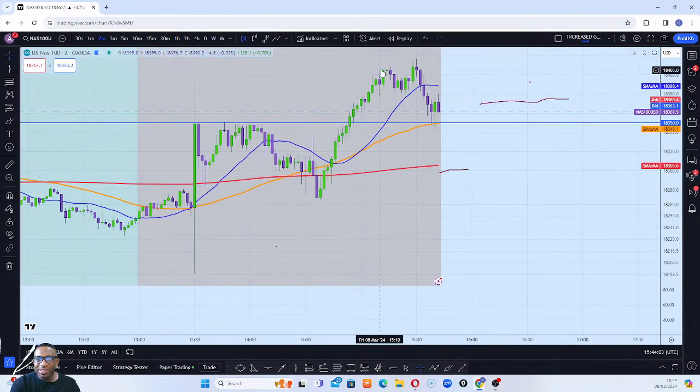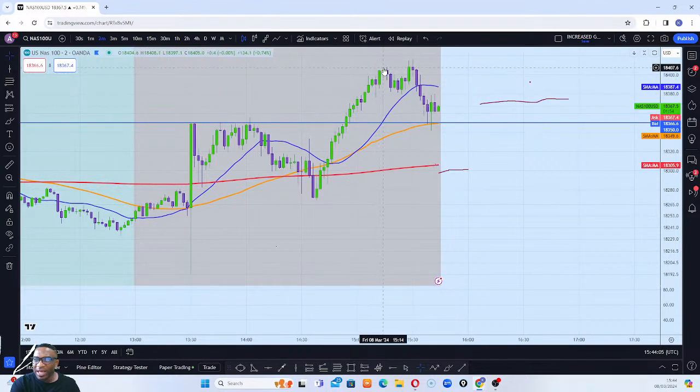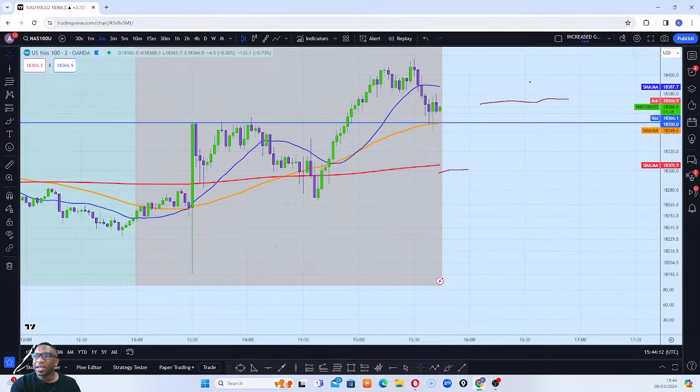Other than that, in a place where it is giving you a clear direction, this is a key level where you should be considering taking your profits. Otherwise you'll be holding until price goes against you, comes and takes back all the profit it gave you initially.